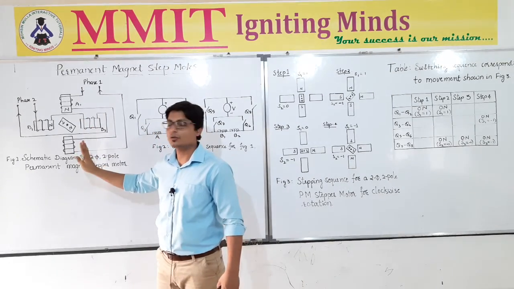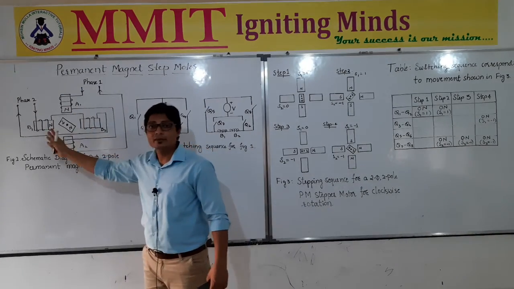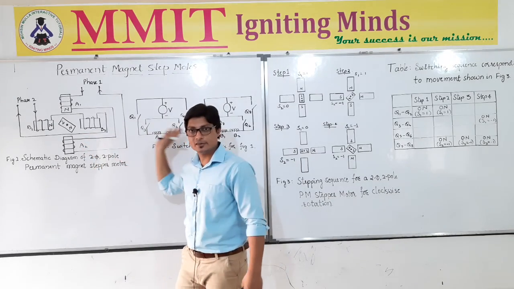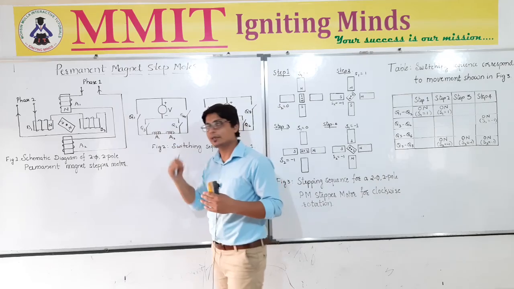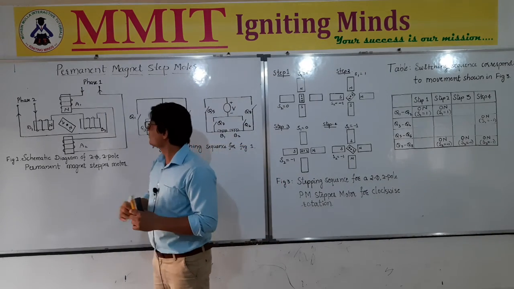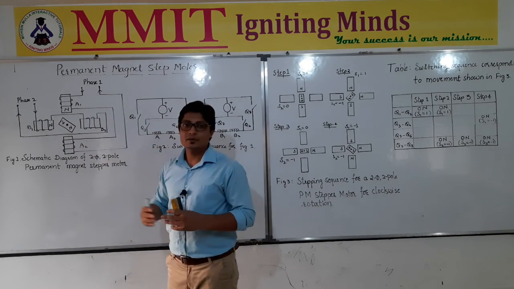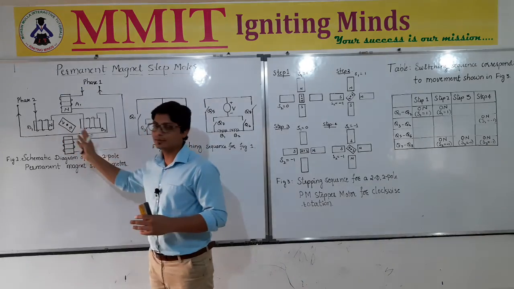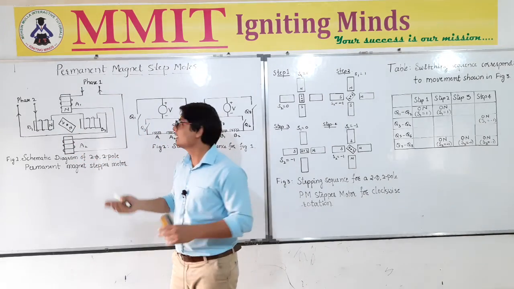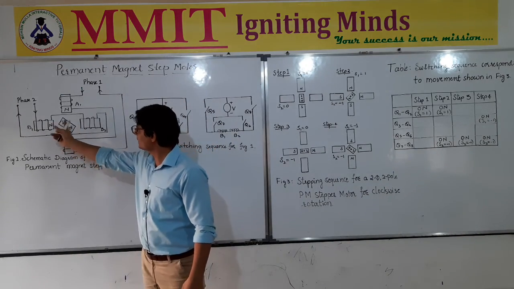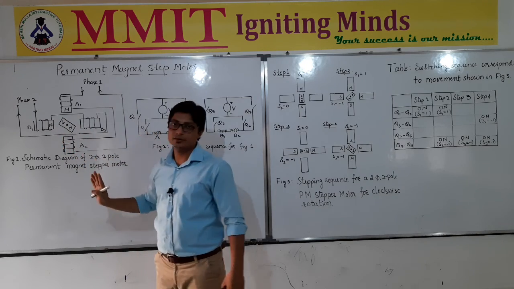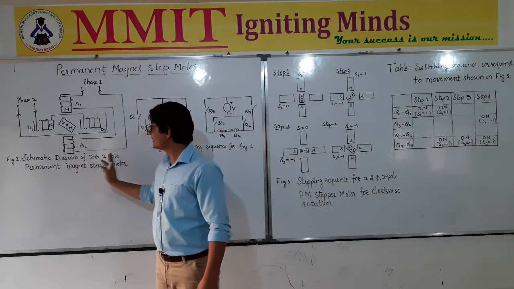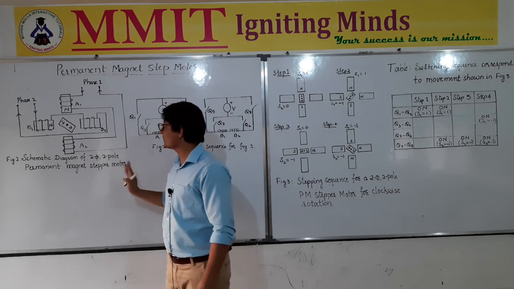These windings are excited by DC voltage, not AC voltage. So why are we calling them phases? Because they are two separate windings, that's why they are called two phase. And here we have a permanent magnet shown in the center. It has two poles, north and south, therefore it is a two phase, two pole permanent magnet stepper motor.